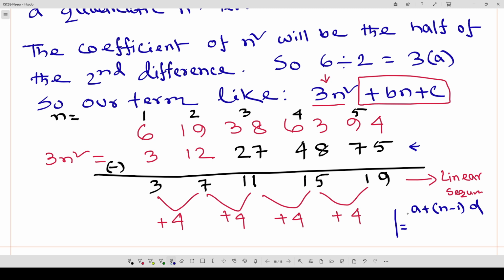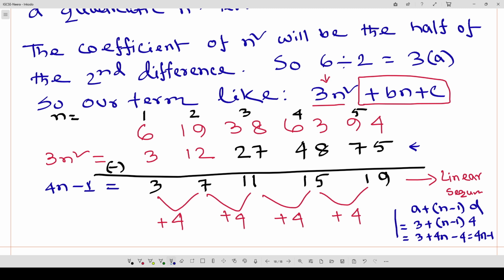In this case, a is the first term, which is 3, d is the common difference, which means 4, and finally we can write 3 plus 4n minus 4, and our answer is 4n minus 1, right?